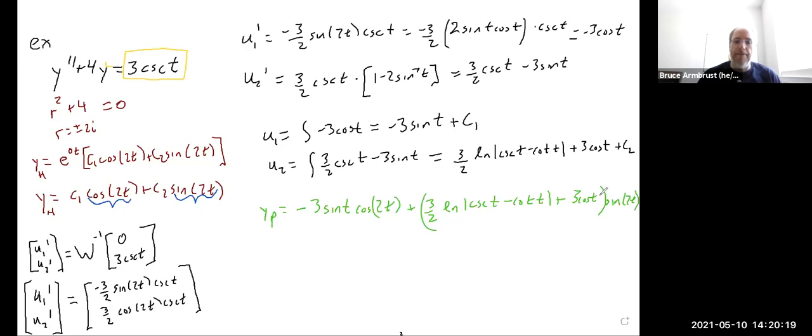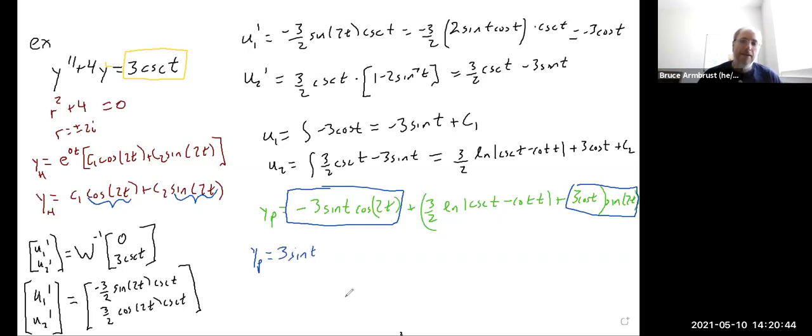That's a sine identity, a difference of angles for sine. If you look at sine of alpha minus beta, that gives you this thing. So it turns out this piece plus this piece actually just equals 3 sine of t, just by the way.